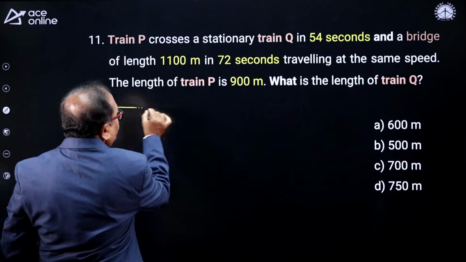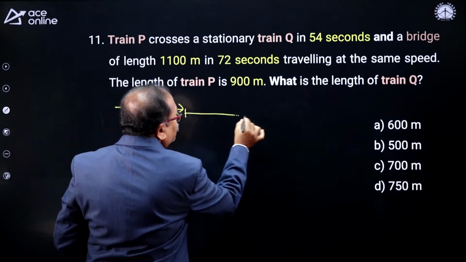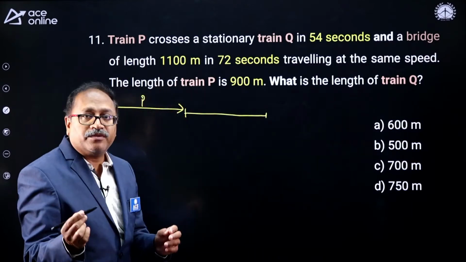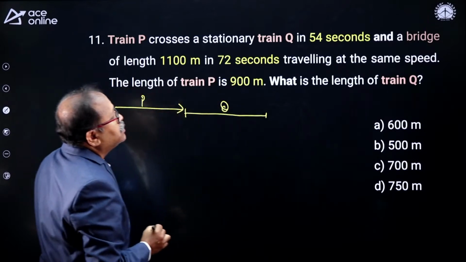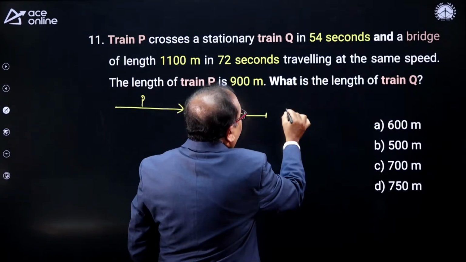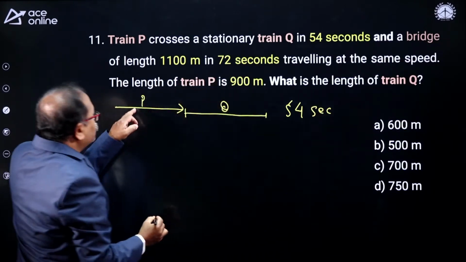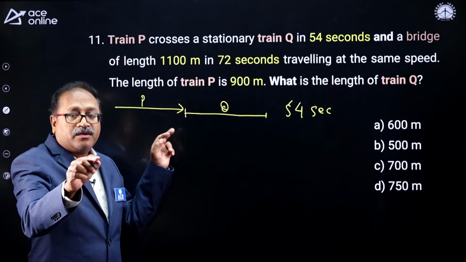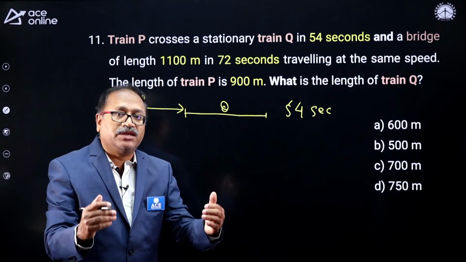There is a train P which is crossing a stationary train, a train which is not moving, and that train's name is given as Q. And in how many seconds? 54 seconds. So there should be a speed of train P, but there will be no speed of train Q as it is stationary.